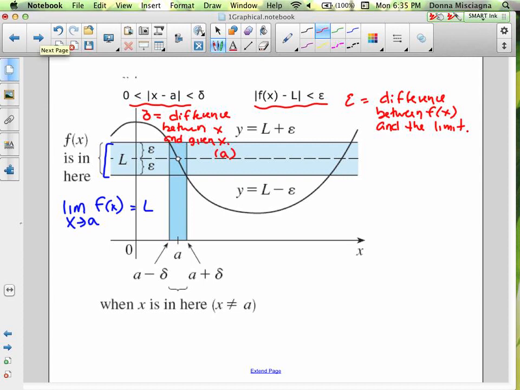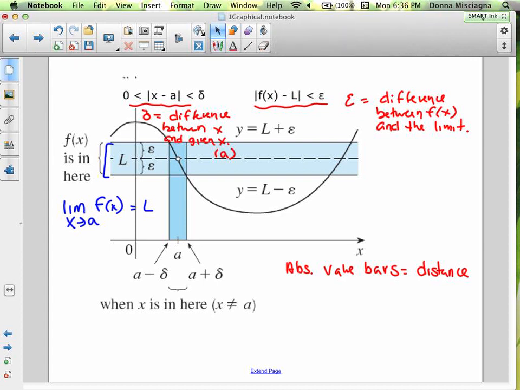So we can figure out how close we have to be to x if you tell me how close I have to be to the limit. That's all that is. The absolute value bars are because we're looking at distance, and distance is positive. So we don't care if we're going to the left or to the right. We just want to stay within a certain distance away.